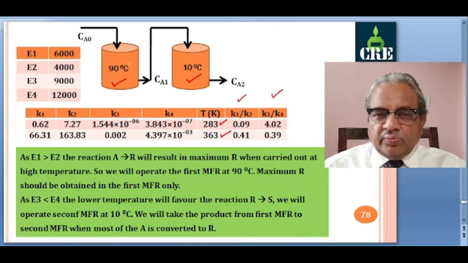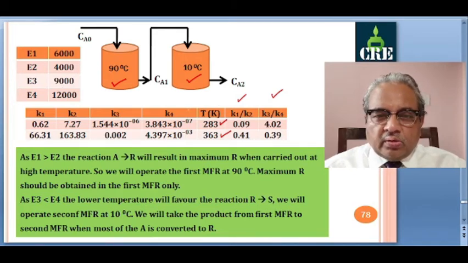If you operate in a batch reactor or plug flow reactor, this parameter tau maximum, when CR will be at maximum, you will fix your tau accordingly. So from the distribution point of view, based on these activation energies, we can decide this.